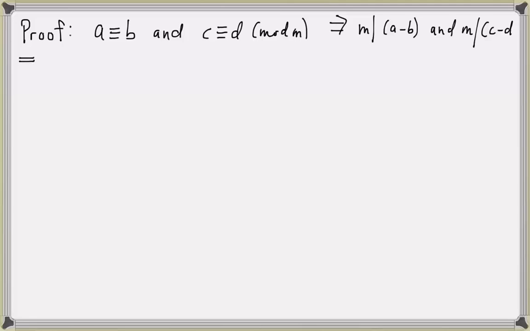Then we can write a minus b as an integer times m, so mk, and c minus d can be written as an integer times m, so let's write it as ml for some integers k and l.